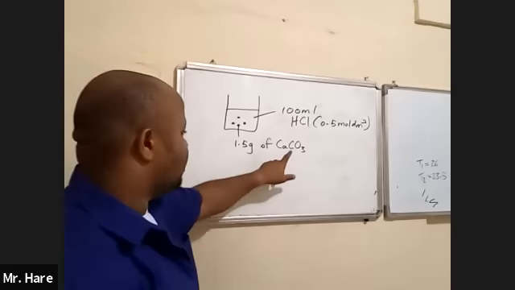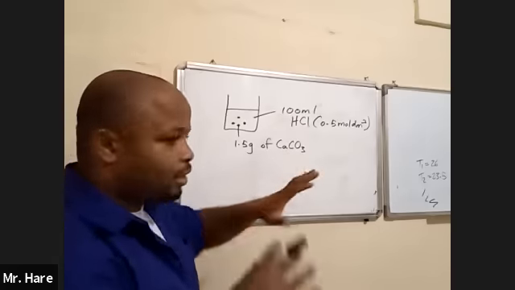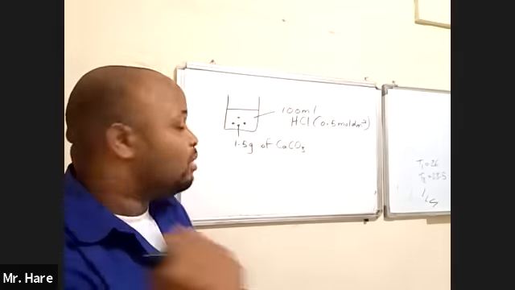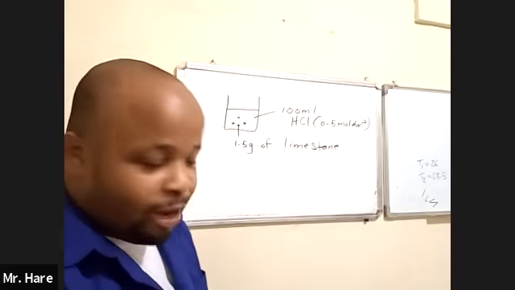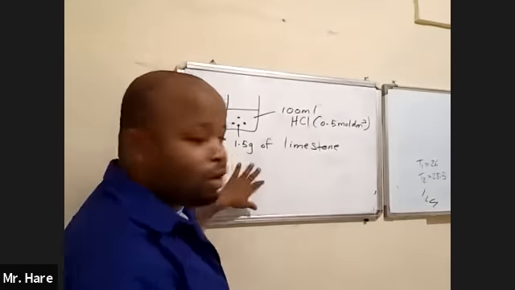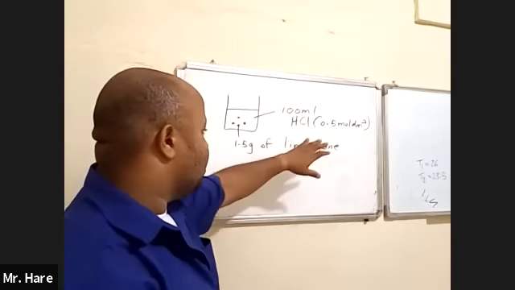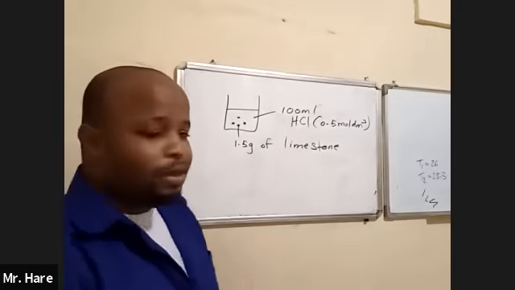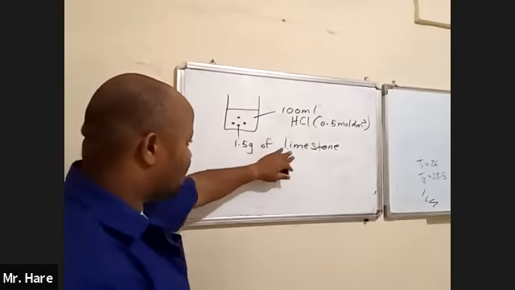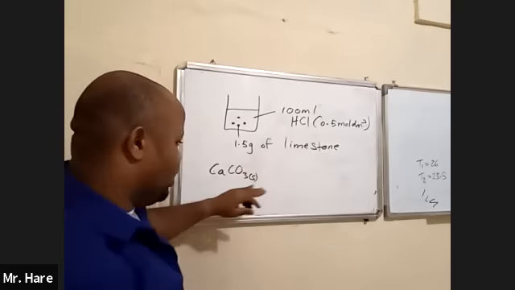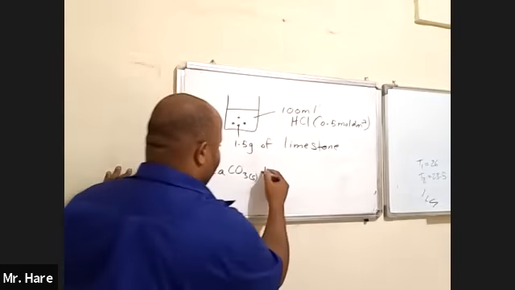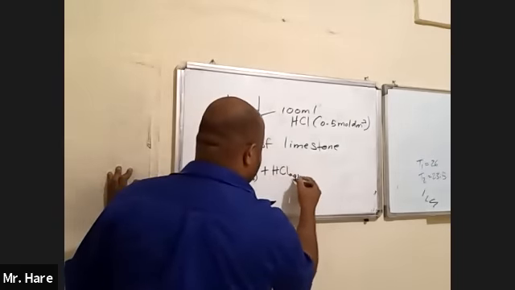So let's just say the calcium carbonate is not pure, it's in a mix. Let's say it is limestone. So you have 1.5 grams of limestone, but we are trying to find out how much of this 1.5 grams is actually calcium carbonate. Because limestone contains calcium carbonate, if we react calcium carbonate with hydrochloric acid, we are going to get what?